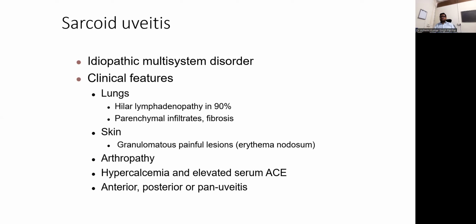So whenever any patient with a multi-system disorder like joint problems and uveitic features comes, we will suspect ankylosing spondylitis, and sarcoid also. But if the patient gives a history of any breathing problem or lung involvement, with dermatological involvement, we suspect sarcoid, and in that we should get the patient's blood calcium level and serum ACE levels checked. They are quite raised, and sarcoid can affect, like the other diseases, the anterior, posterior, or intermediate level. So it can lead to any kind of uveitis, including panuveitis.